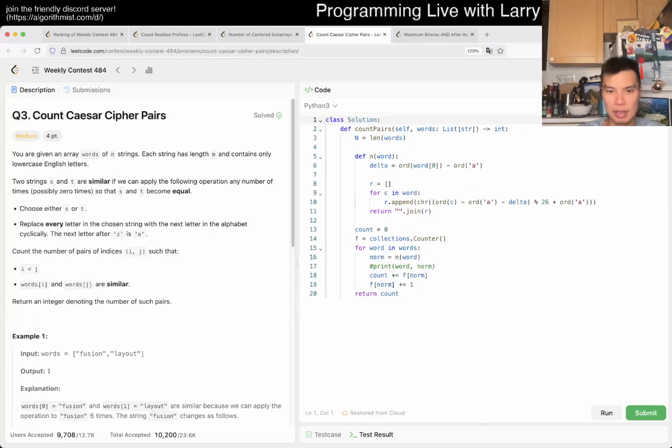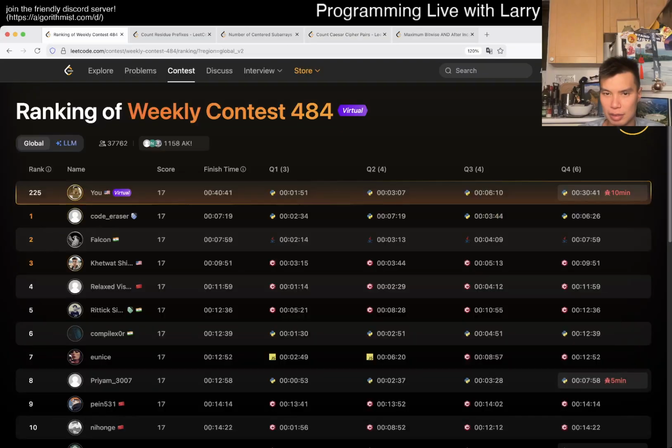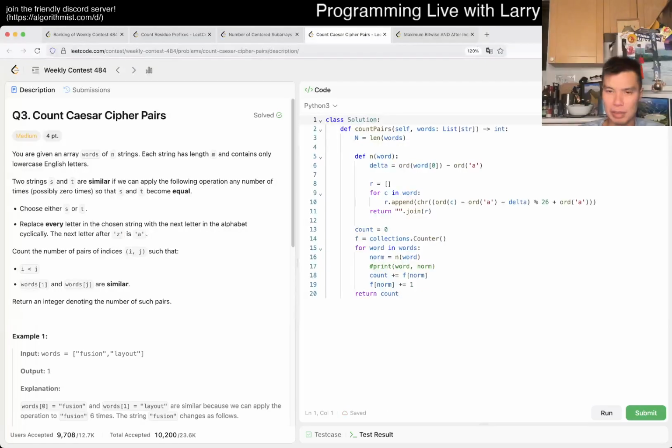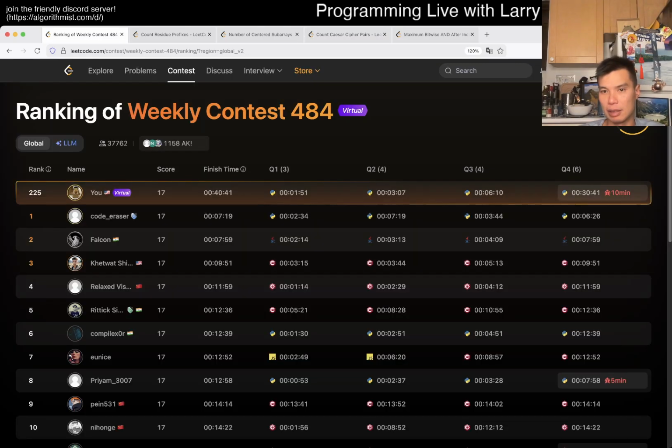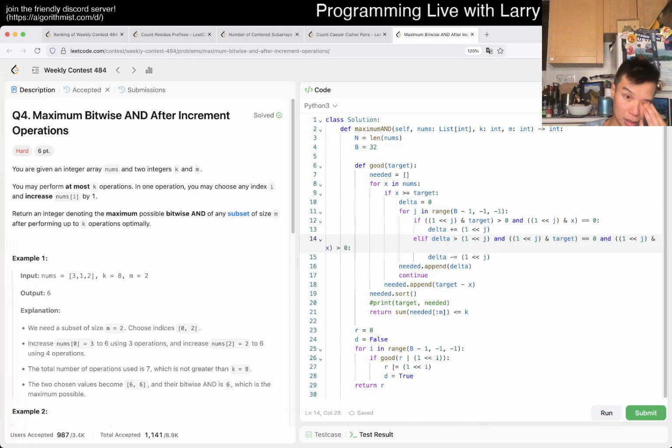And this one, I also in 3 minutes feels a little bit slow, but actually, I didn't even need to convert it back to a string, but I guess it's just easy to print for debugging in case I need to debug. Alright, not gonna complain too much. I think this is an okay result for this contest, and the problems are interesting.